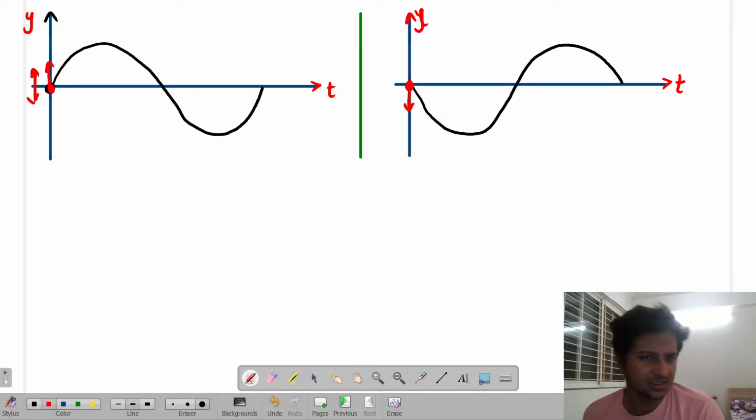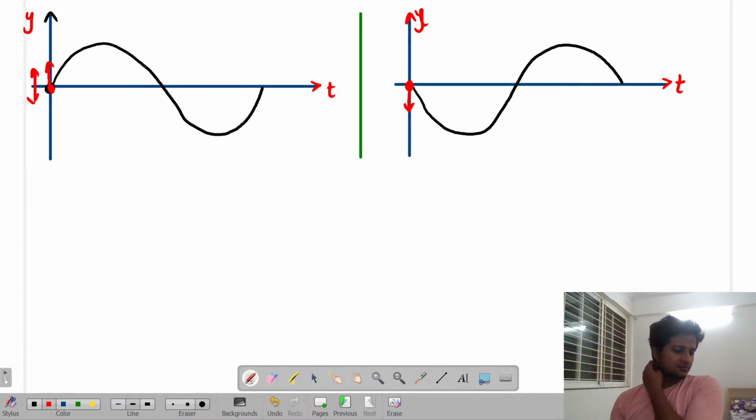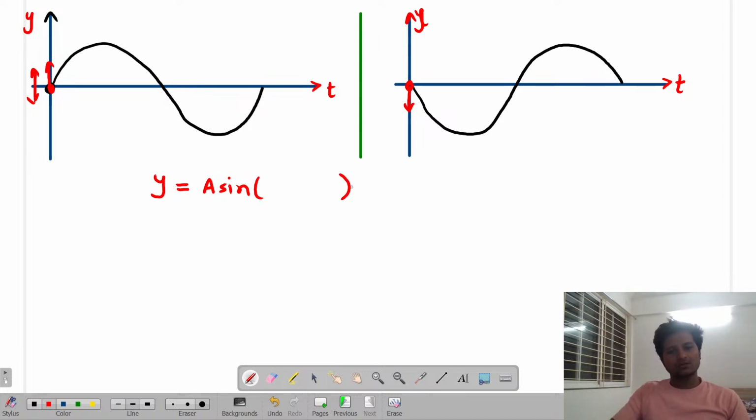Then the point arises, which one is correct, which one is not correct. Both are the same thing. They are both following the same equation. Y is equal to a sine bracket, I do not know. Here also they are following the same. Y is equal to a sine bracket, I do not know. Got it?